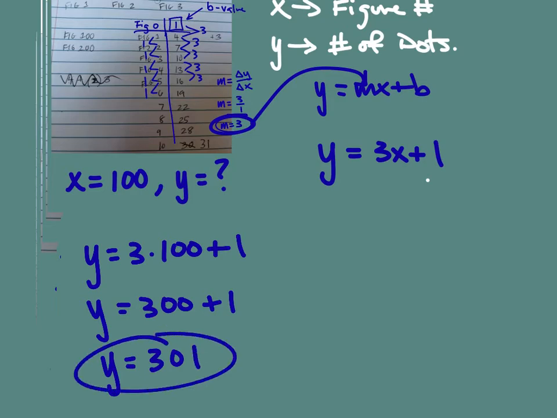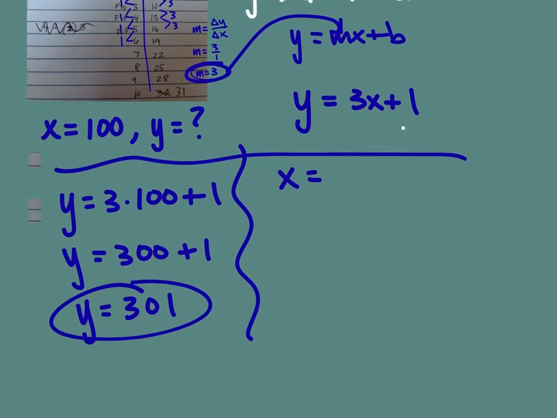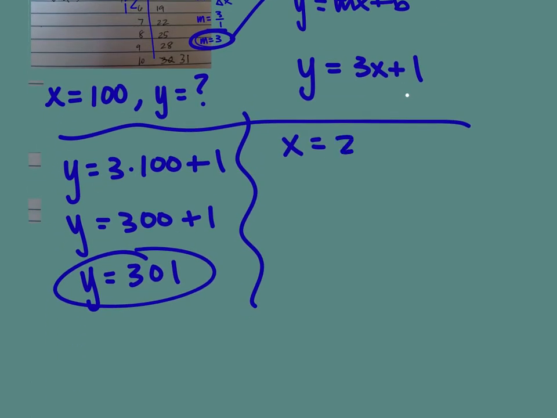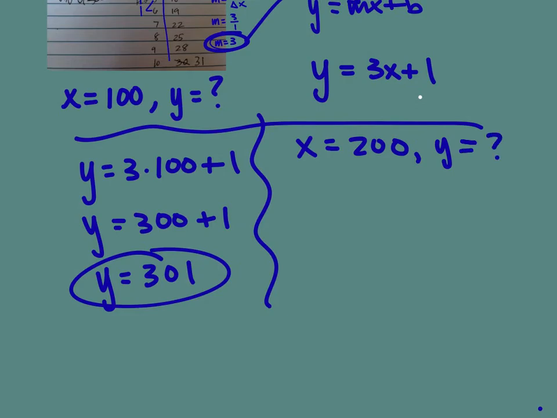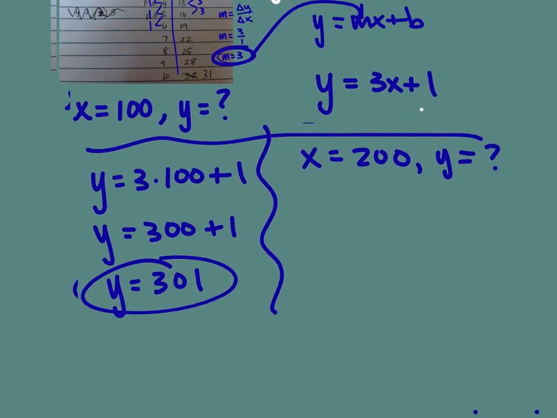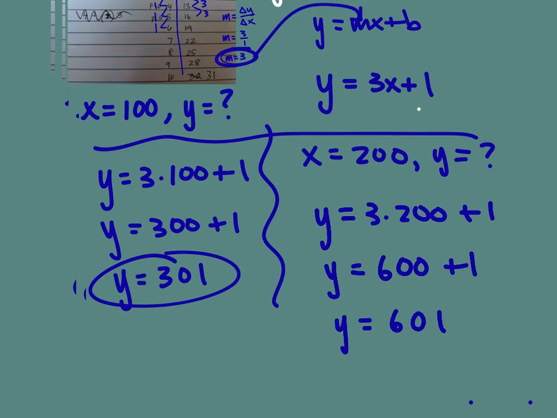Now say x equals 200, figure 200. How many dots do you have? Plug that in: y is equal to 3 times 200 plus 1. So y is equal to 600 plus 1, and y is equal to 601.